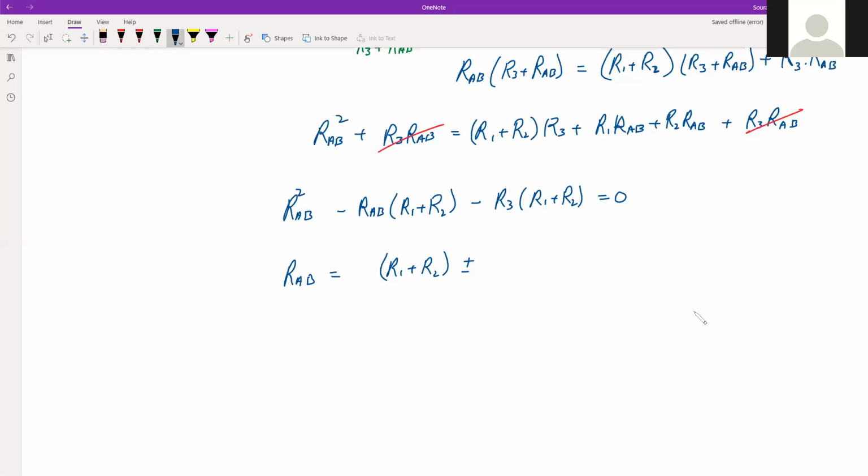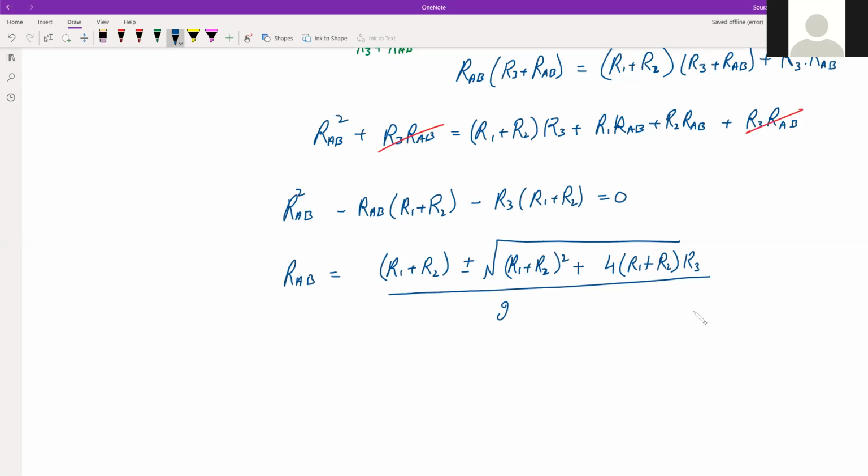Plus or minus root of B square, that is R1 plus R2 whole square, minus 4 into R1 plus R2 into R3. And because that is minus here, it will become plus. This divided by 2a, and a is 1, so divided by 2.